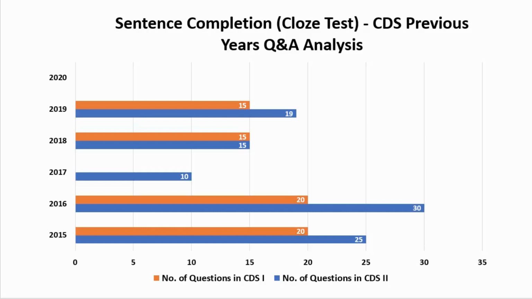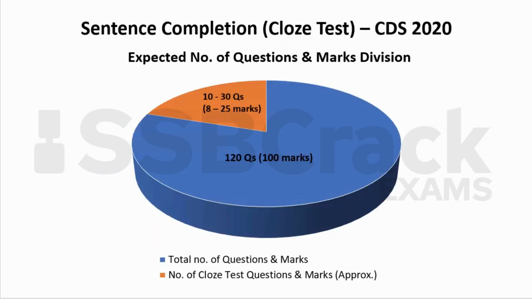The largest number of questions that came was 30, and it was in CDS 2 2016. 30 questions came, right? So in your upcoming CDS examination, for sentence completion in the form of cloze test, you can expect questions that can vary from 10 in number to 30, carrying a total of 8 to 25 marks in sentence completion or cloze test.